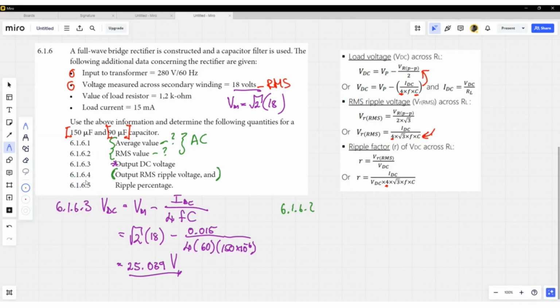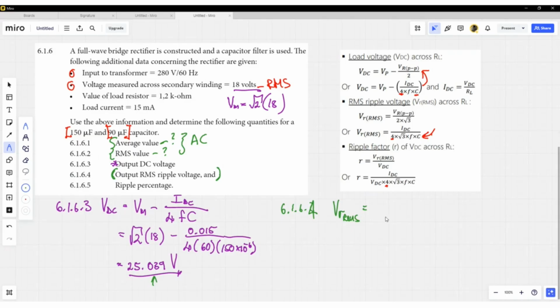Then for 6.1.6.4 is the RMS ripple. So let's keep with green here. We expect this value to be quite small now, seeing that this is actually quite close to what the maximum voltage is.